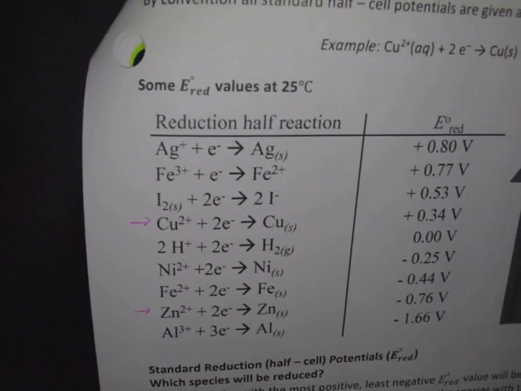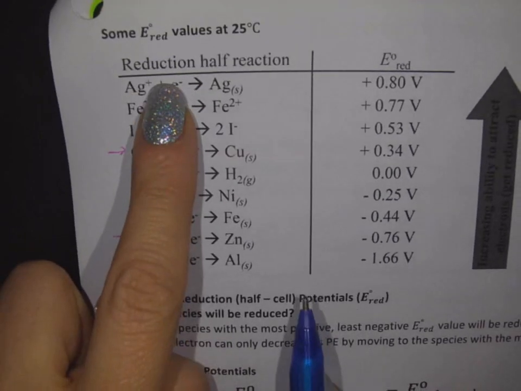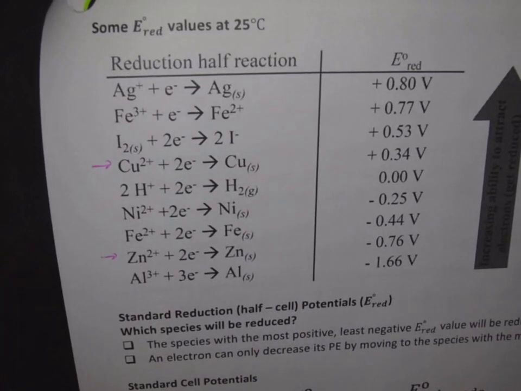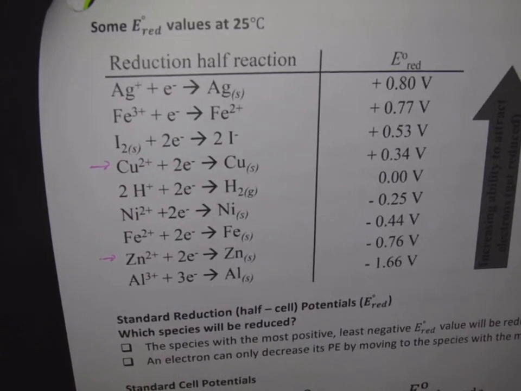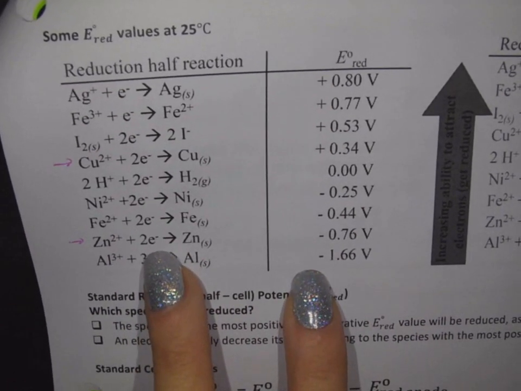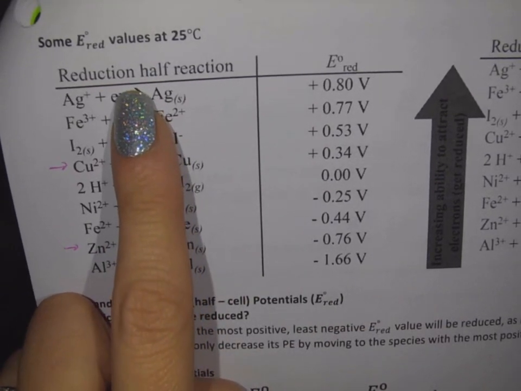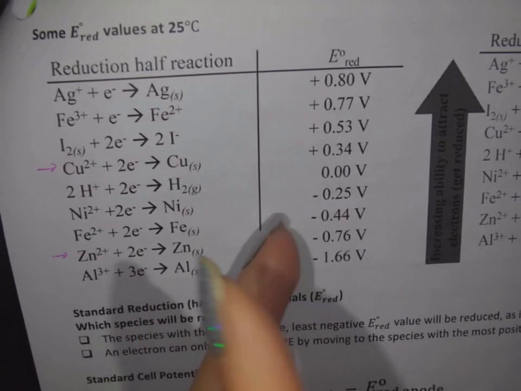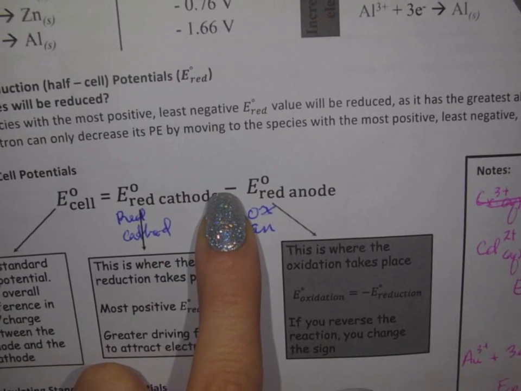You absolutely can. You're usually given reduction half reactions, not oxidation half reactions. Usually, they give you the whole list of these and they're just reduction ones. And so if you don't want to have to worry about remembering to flip it, then you just need the minus, okay?